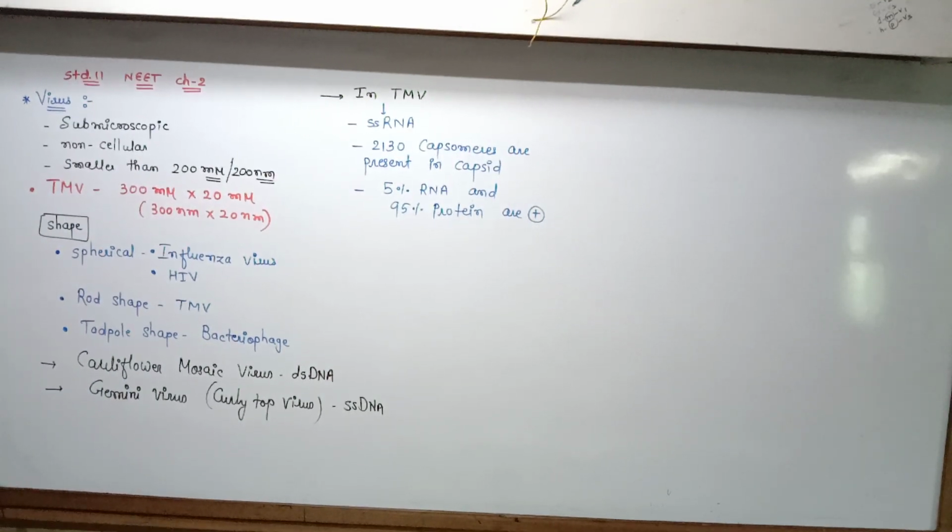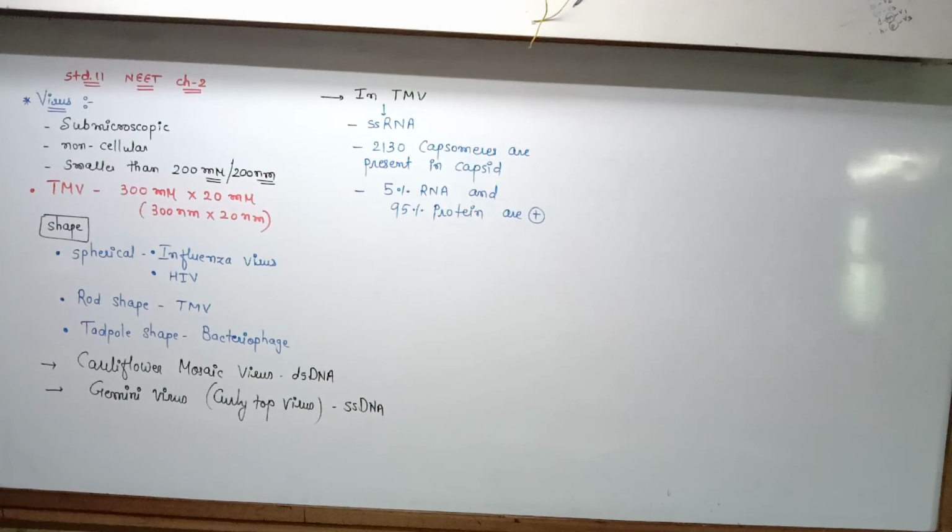In tobacco mosaic virus, ssRNA is present as a genetic material.